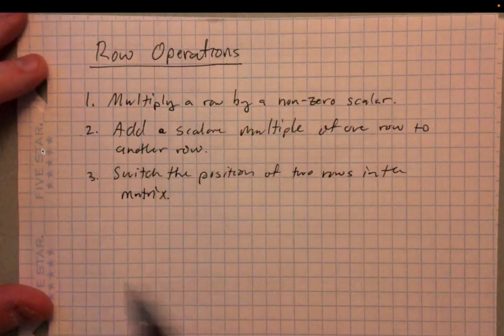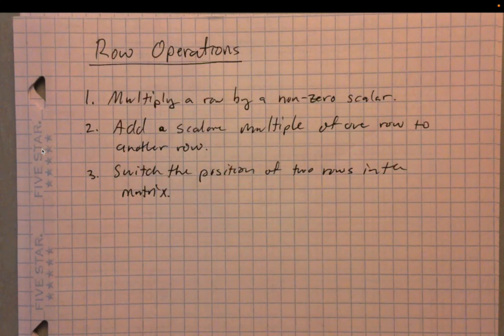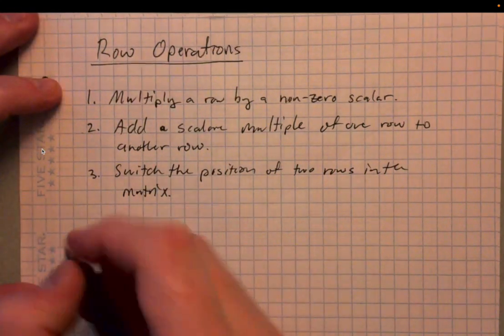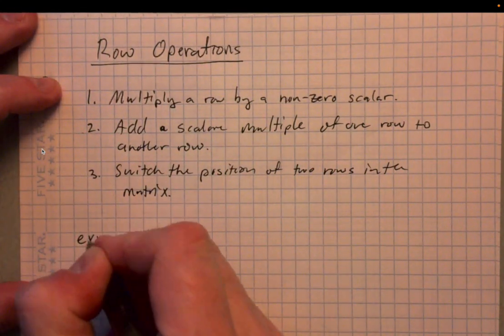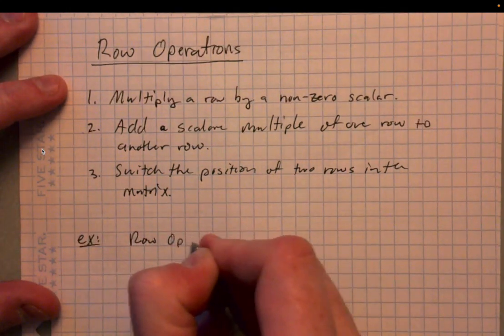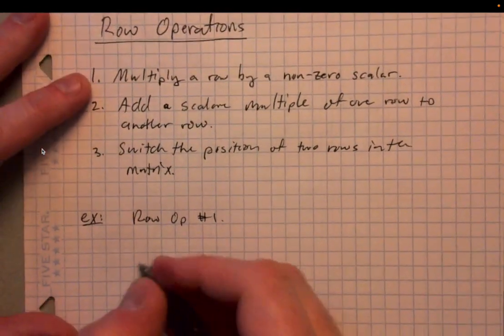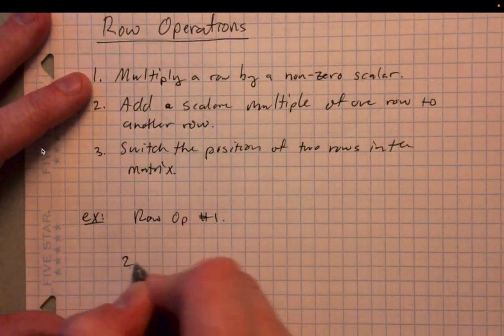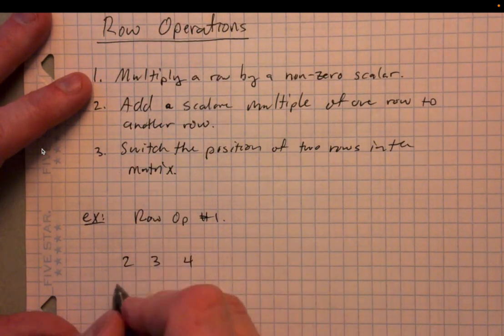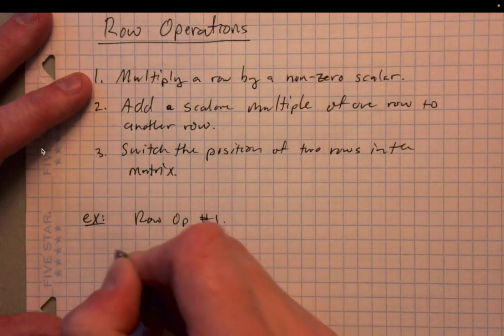Let's do an example of each one of these just to make sure we're crystal clear on how this works. Let's start with row operation number 1, which says I can multiply a row by a non-zero scalar. So let's crank out a matrix here: 2, 3, 4, 5, 6, 7, and then 4 and 10.